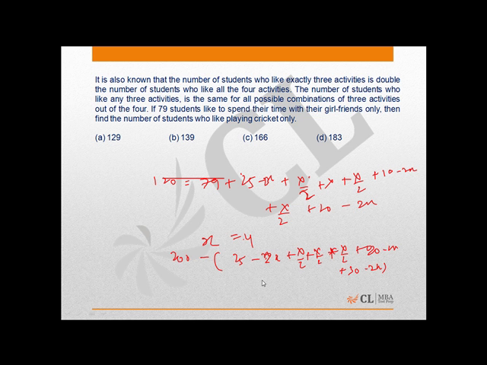On substituting x equals 4, we'll get 139 as the value of this expression, which means there are 139 students who like playing cricket only. Thus option B is the correct answer.